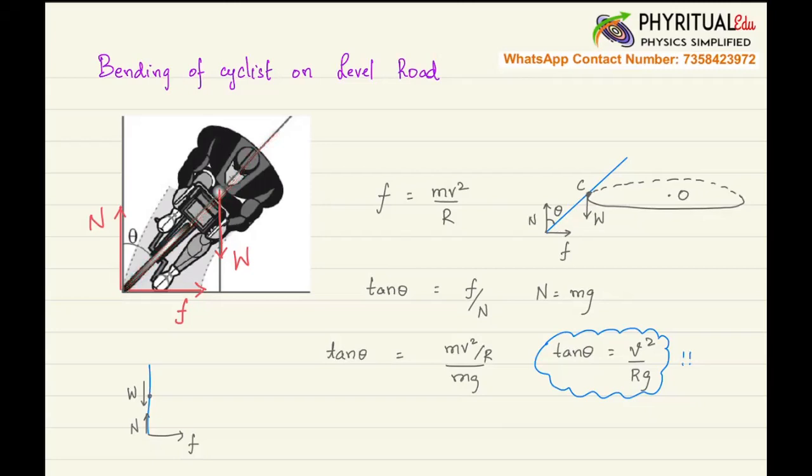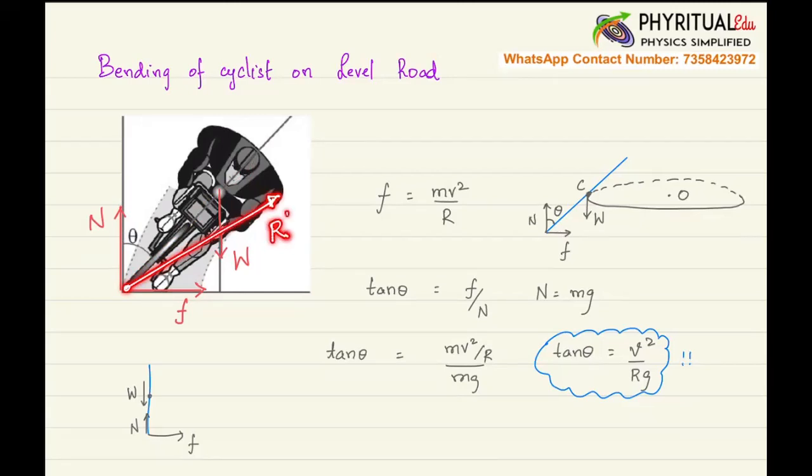And also this bending should be in such a way that, a very interesting point, the resultant of N and this friction force, which is static in nature, should pass through the center of mass. Because suppose the resultant of N and F, which I call R dash, is passing in some other direction, not through the center of mass of the cyclist.